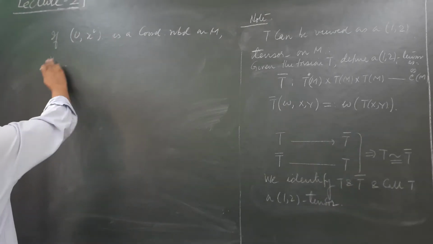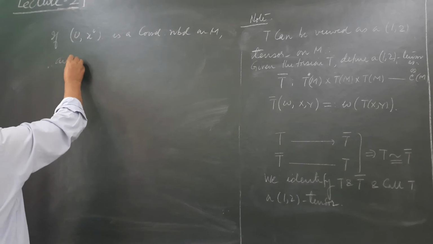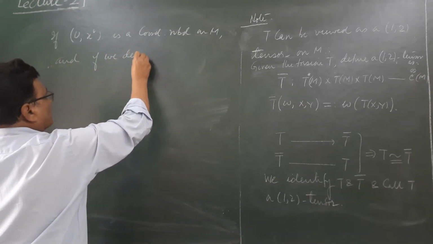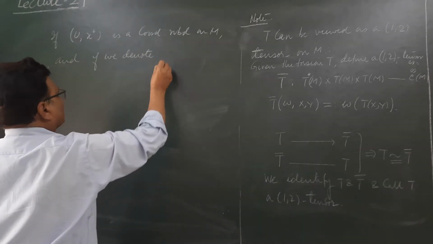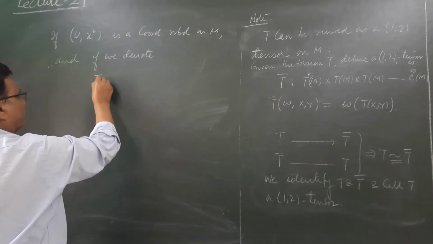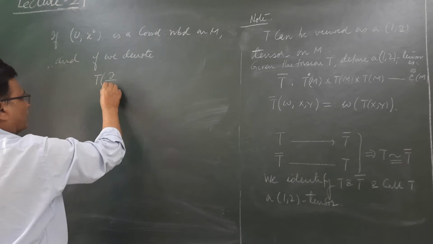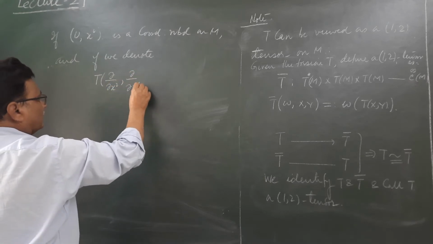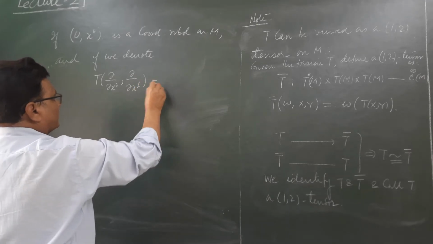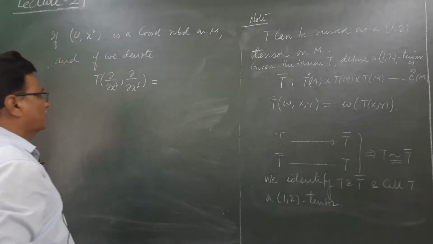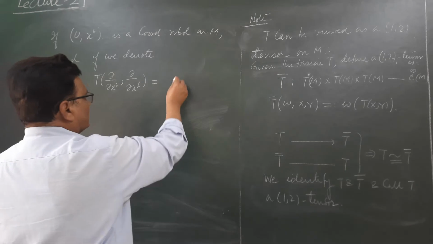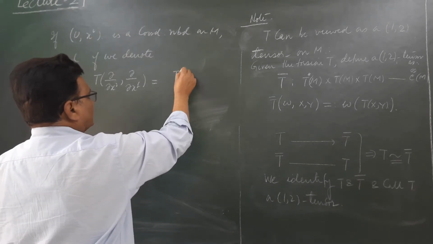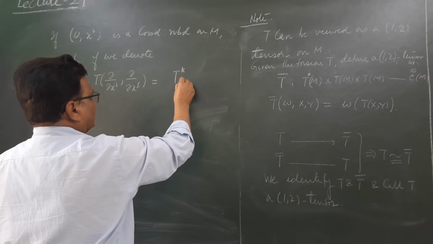If we denote T of ∂/∂x^i, ∂/∂x^j by the symbol, since it will be some scalar times ∂/∂x^k, that scalar I will choose as T^k_ij.